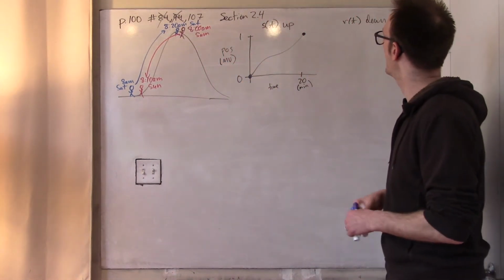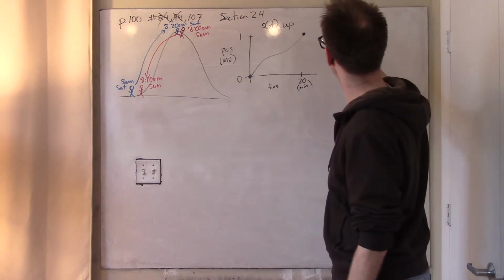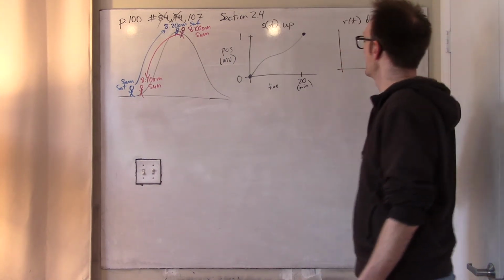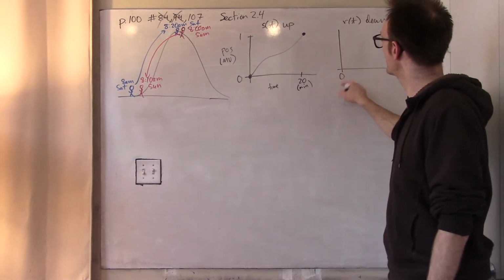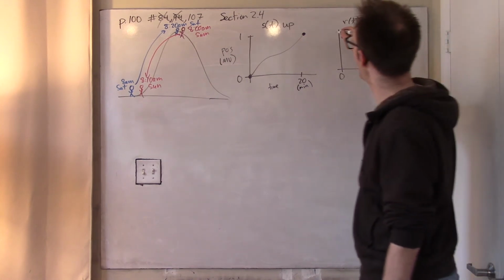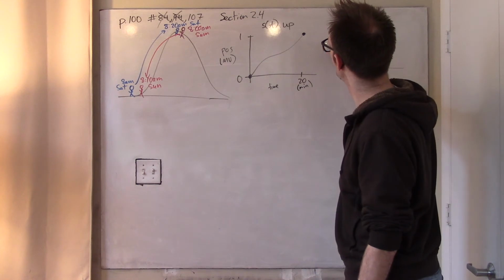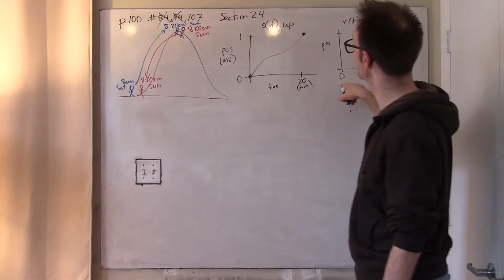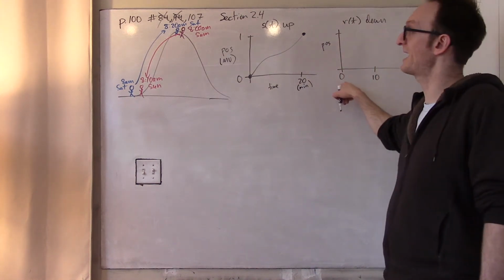Okay, what does the down function look like? Well, we start here at 0, and now at 10, we're already at the bottom. So now this is my position, but at time 0, which is to say at 8.